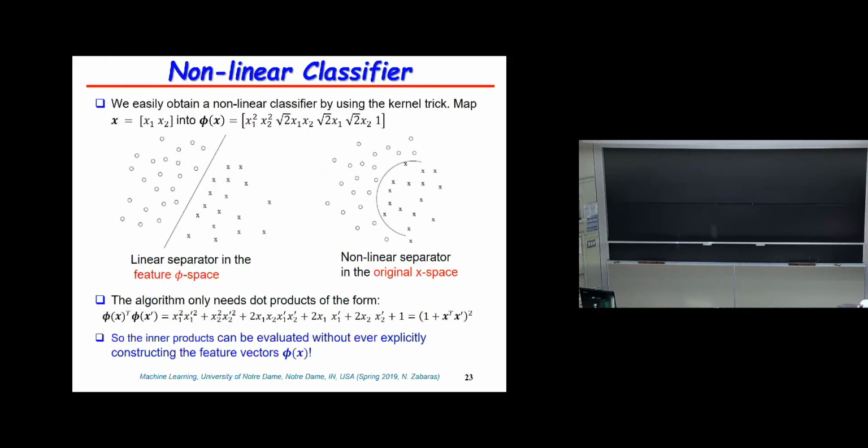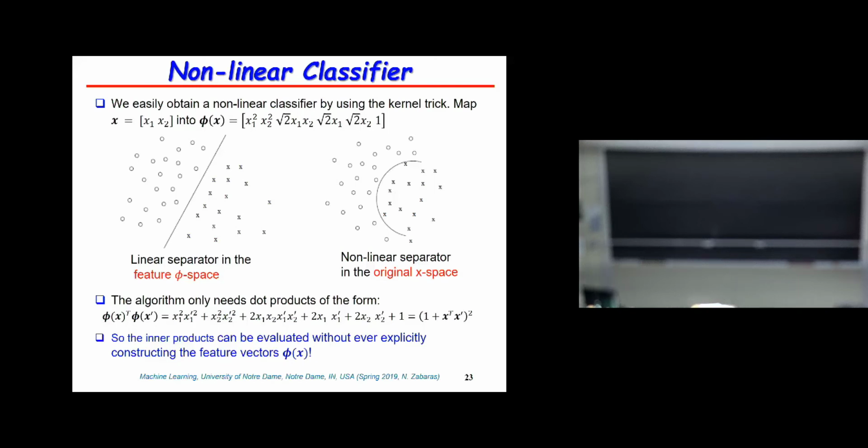So again, the same point here. If this is the feature space, this is the space phi of x. Let's say you transform x to a feature space phi of x defined in a 6-dimensional space like that.